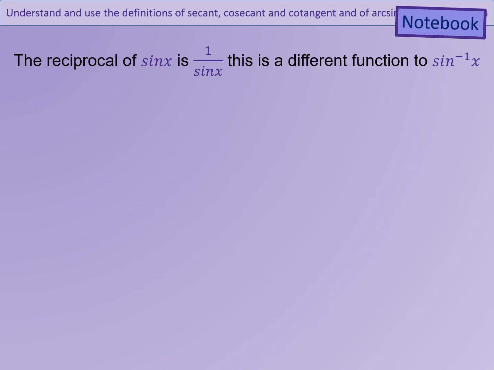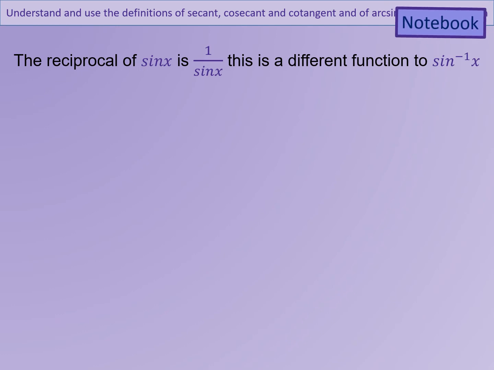Right, and what's important, because I don't blame you for thinking it, is that the reciprocal of sine x is 1 over sine x. That's what we mean by reciprocal. Reciprocal is 1 over. And what's important is to note that this is different to sine to the -1 x.